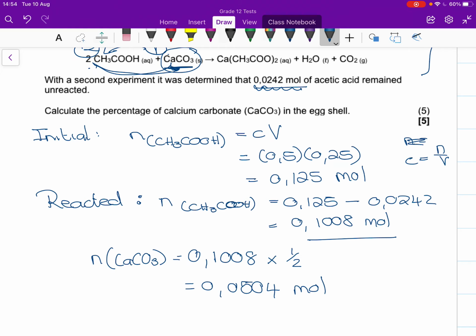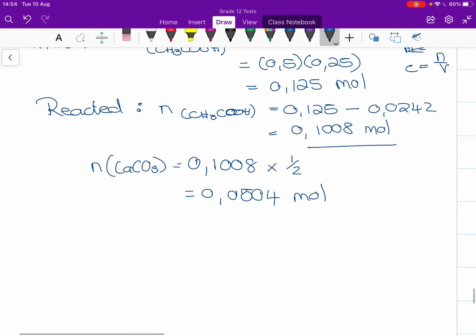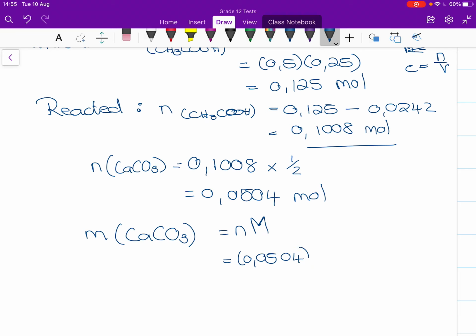That's going to help me find what mass of the eggshell was calcium carbonate, because now I'm going to find the mass, which is number of moles times molar mass, 0.0504. Calcium is 23, carbon is 12, oxygen is 16.